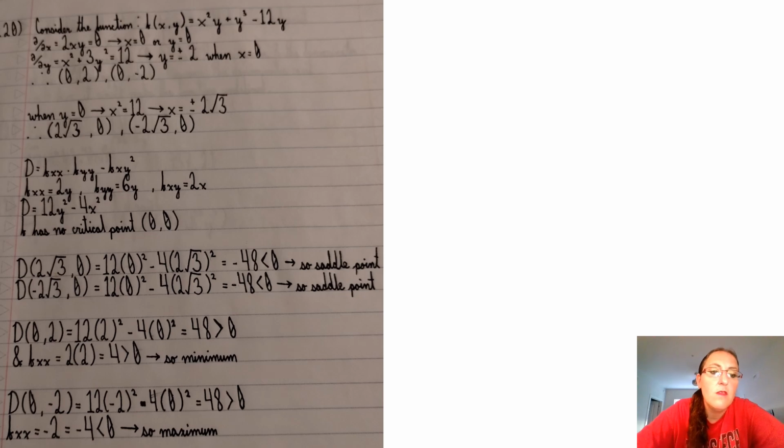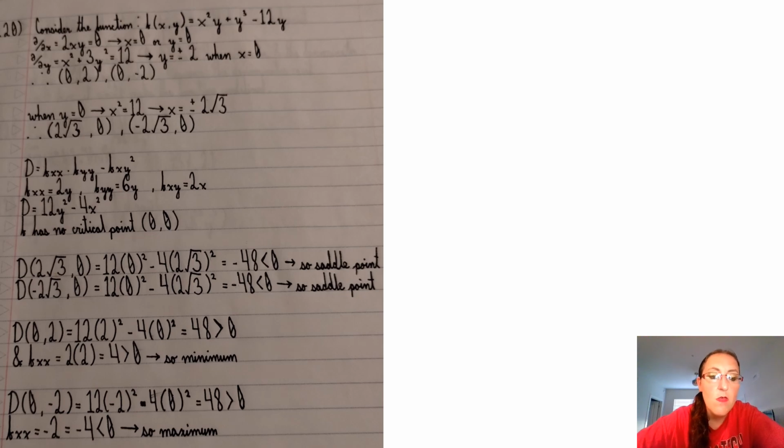D(2 square root 3, 0) equals 12 times 0 squared minus 4 times (2 square root 3) squared equals negative 48, which is less than 0, so it is a saddle point. D(negative 2 square root 3, 0) equals 12 times 0 squared minus 4 times (2 square root 3) squared equals negative 48, which is less than 0, so it is a saddle point.